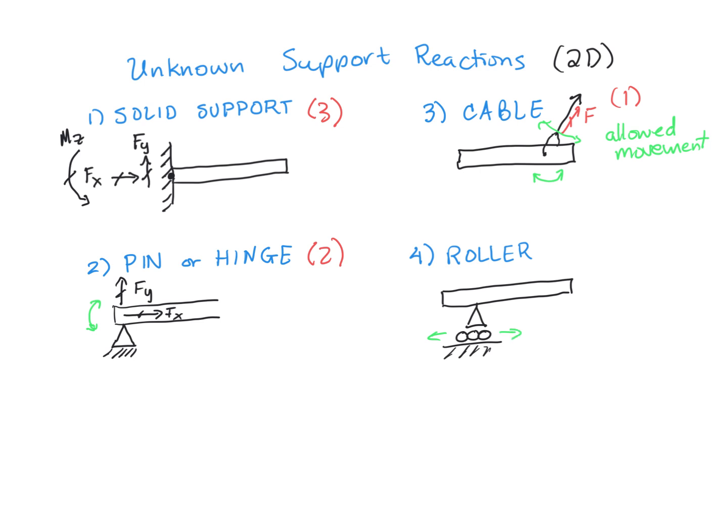So because of that, the unknown support reaction up here is the force in the y direction. But note that this also can allow that rotation. And so again, there is just one unknown support reaction. And for consistency here, I'm going back and changing the colors of these unknowns.